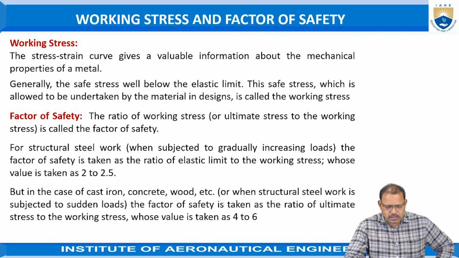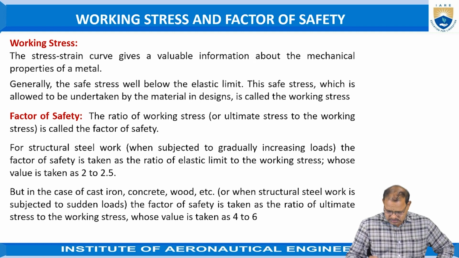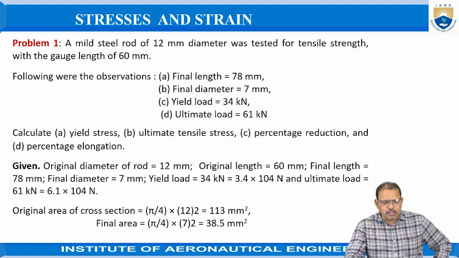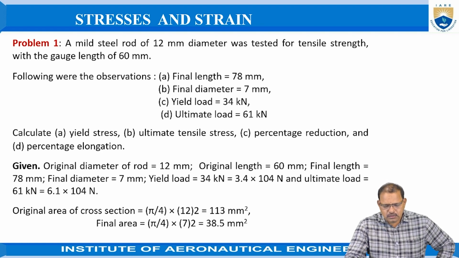But in the case of cast iron, concrete or wood, the factor of safety is taken as the ratio of ultimate stress to the working stress, which has values from 4 to 6. Okay, these are the important terms generally used for selection of materials, that is working stress as well as the factor of safety.